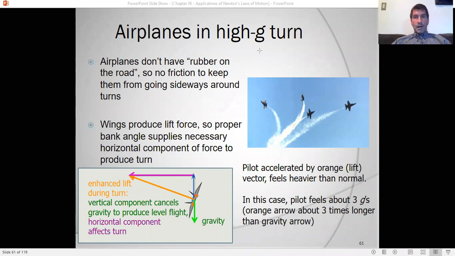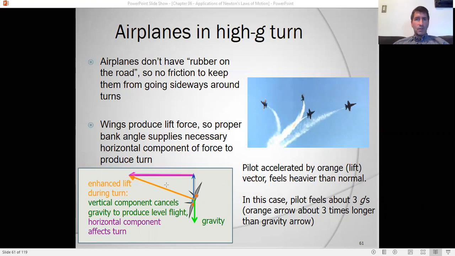We still need that there, otherwise we fall out of the sky. Most of it goes into making a tight turn. If you look at this, it appears that this orange vector, which is the lift, is approximately 3 times greater than the weight. So in that particular case, a person sitting in the cockpit would experience 3 Gs of acceleration.